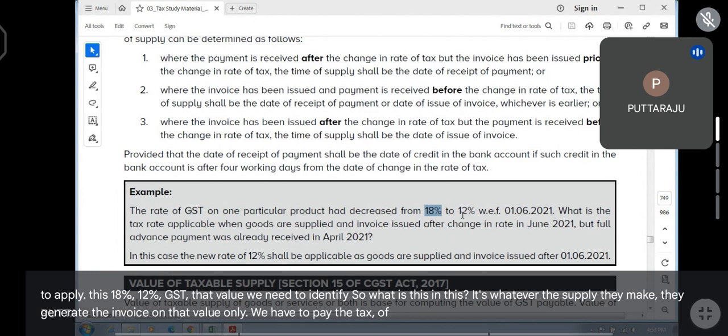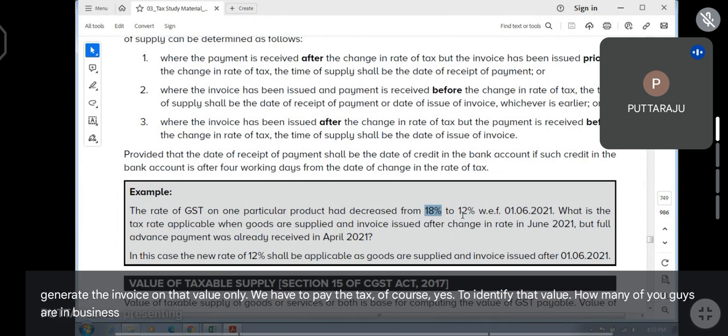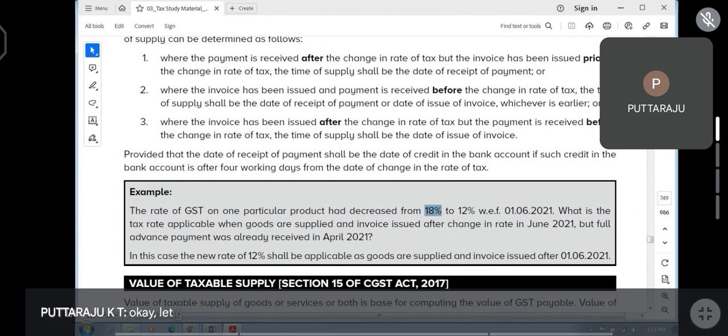Of course, yes. To identify that value, how many of you guys are in business field? Except Gahana and Malini. Let me ask from the horse's mouth itself.